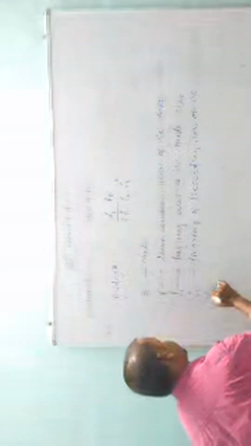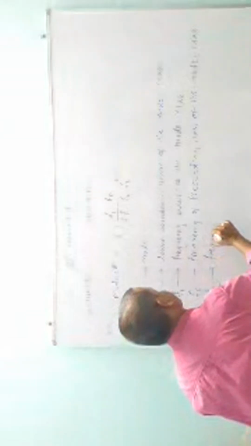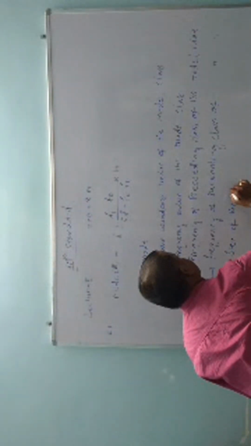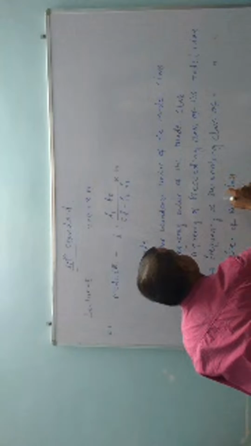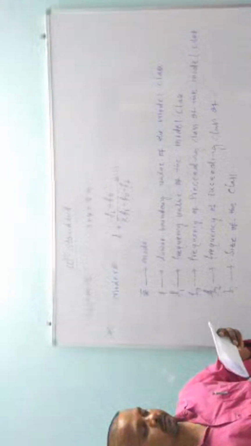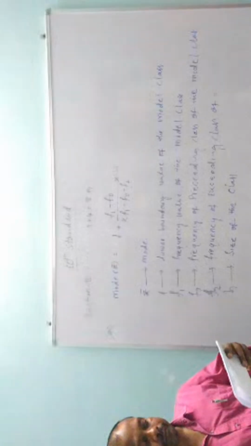So here F2, similarly, is the frequency of the succeeding class of the modal class. So last, H indicates the size of the class. So this is the fourth question. So next, go for the fifth question.